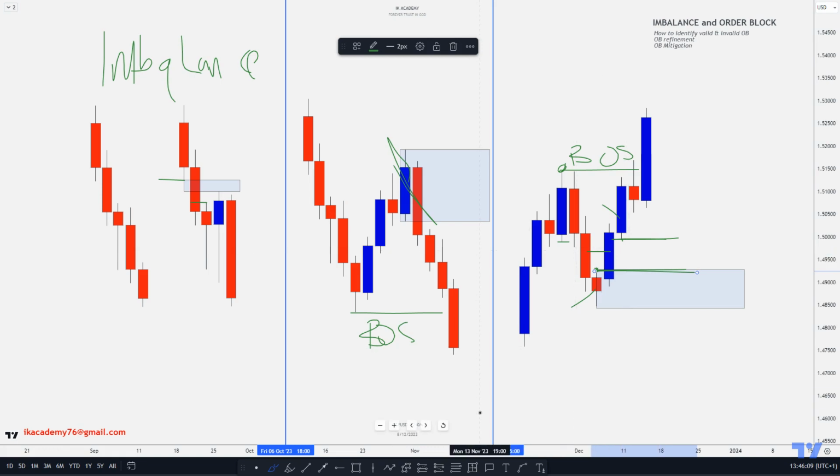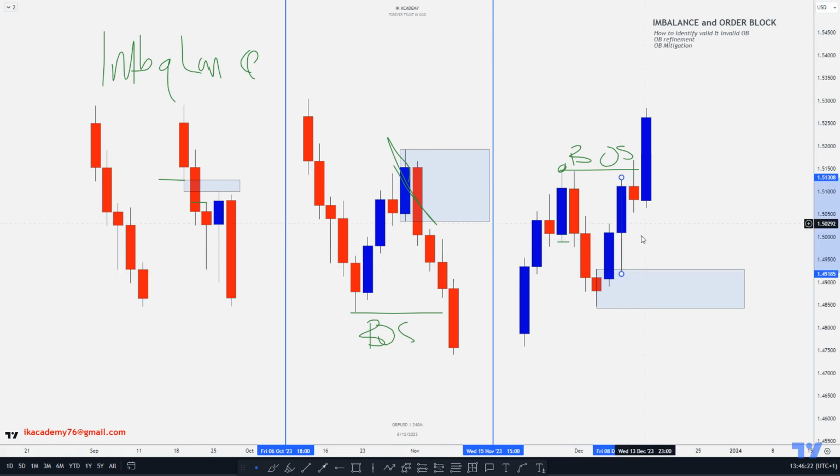But in a situation whereby we have price mitigating this place like that, that's what we call mitigation. So that's why I named this place order block mitigation.